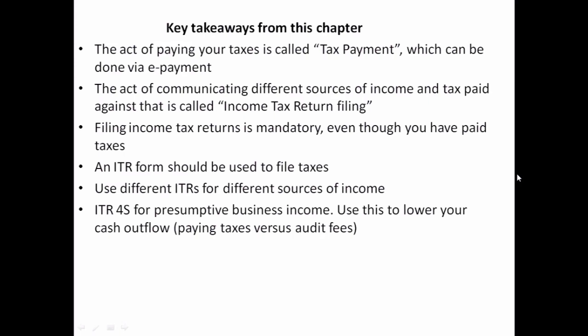So filing an income tax return is mandatory even though you have paid taxes. An ITR form should be used to file taxes. Use different ITRs for different sources of income. ITR 4S is for presumptive business-like income, and use this to lower your cash outflow, or you can say taxes paid versus audit fees.